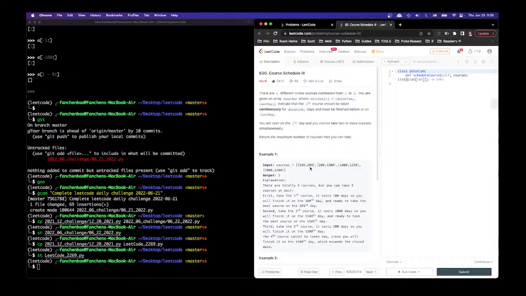Now we have done this before, so let's see if we can summon some of the memory back. Alright, so the first one is duration. We have a duration of 100, and we must finish by the 200th day.